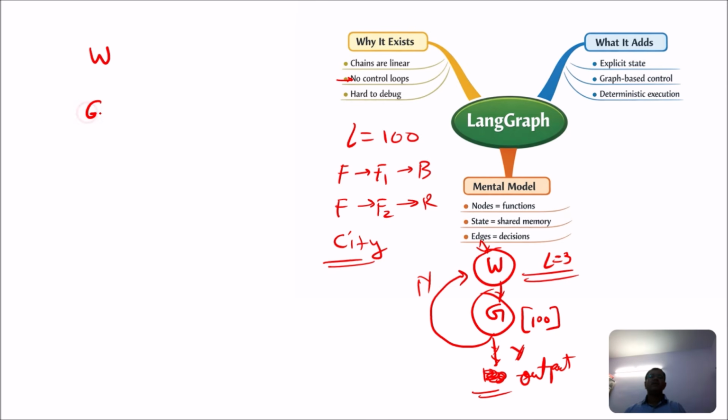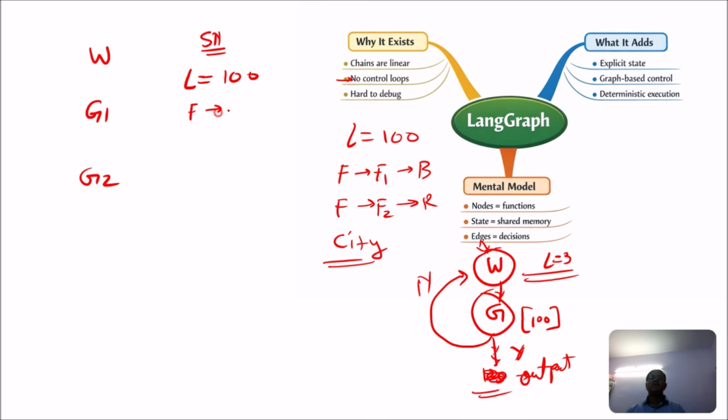Now there will be a grader 1 and a grader 2. Once the writer writes, it maintains a notebook because a lot of things are there. So there will be a shared notebook. In that shared notebook, it will write that the length is 100.